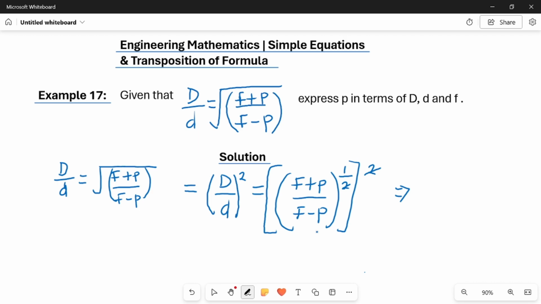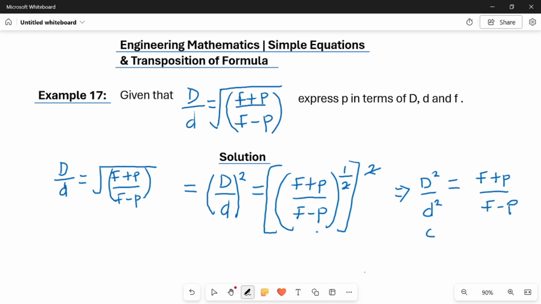Let's write it down. D squared all over d squared is equal to F plus p over F minus p. So we've eliminated that square root sign.